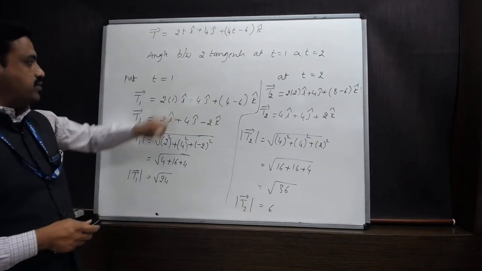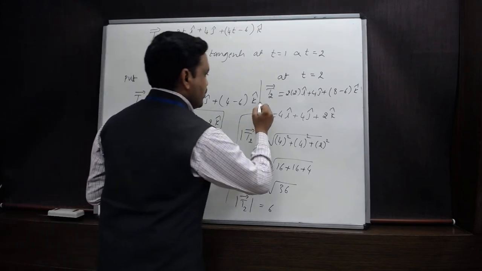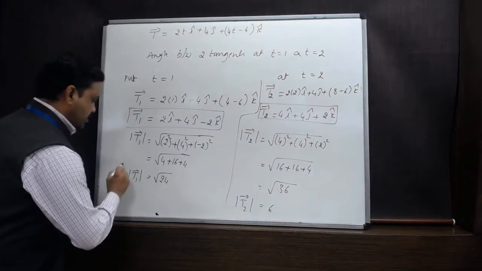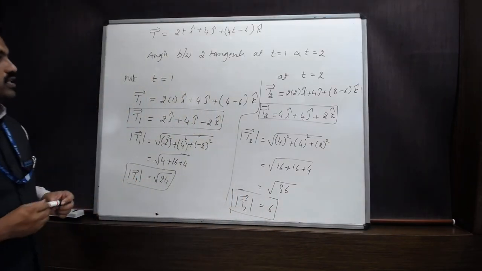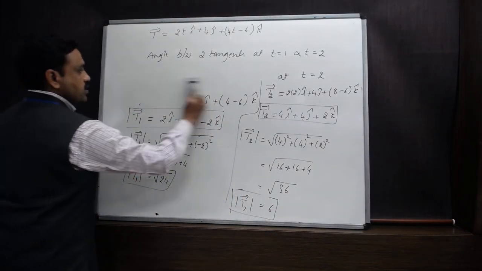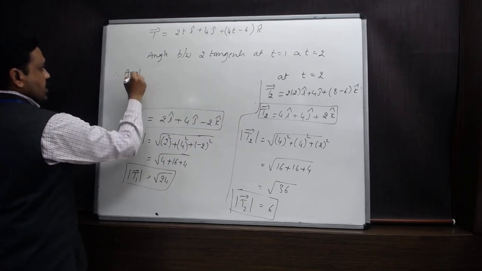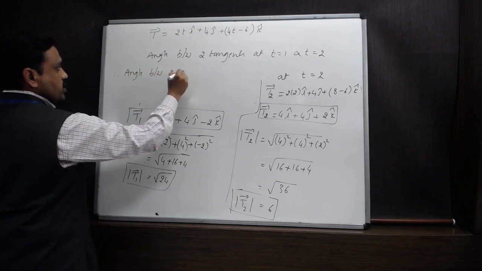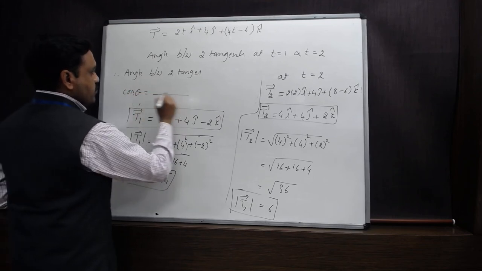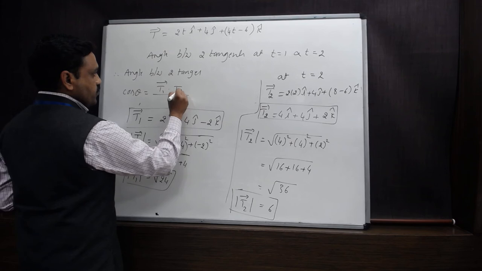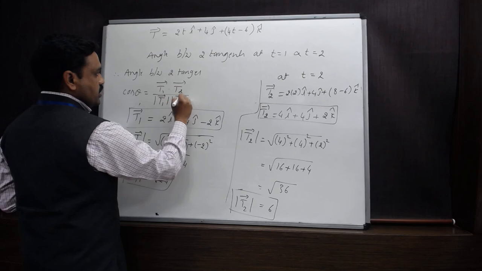Now we have vector T1, vector T2, and the magnitude of T1 and magnitude of T2. All four you substitute in the formula cos theta equals. Therefore, the angle between two vectors or two tangents: cos theta equals the formula T1 dot T2 divided by magnitude of T1 into magnitude of T2.